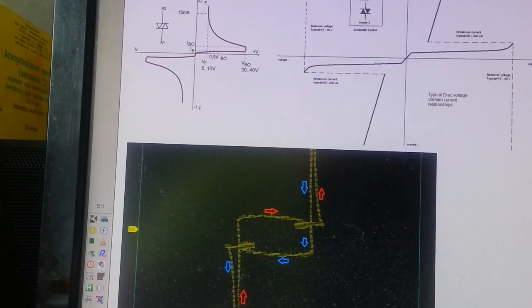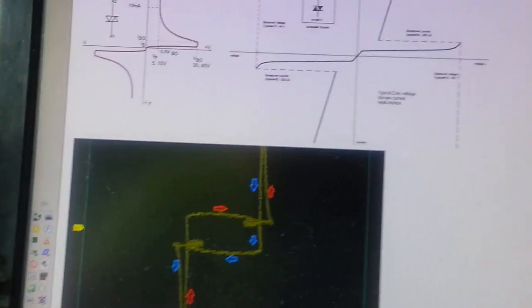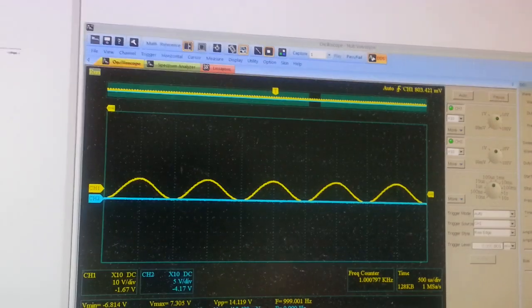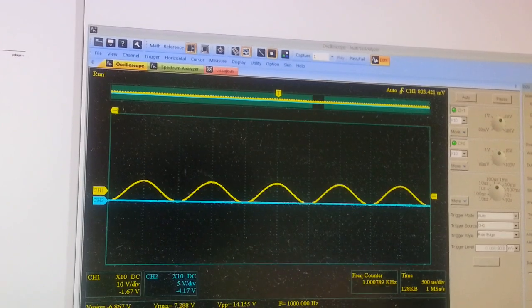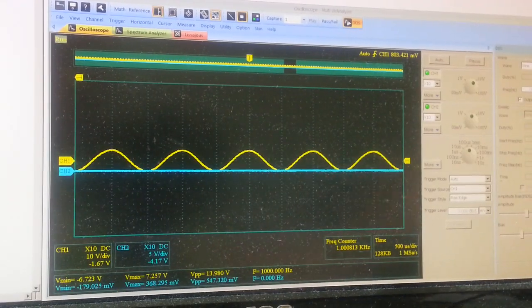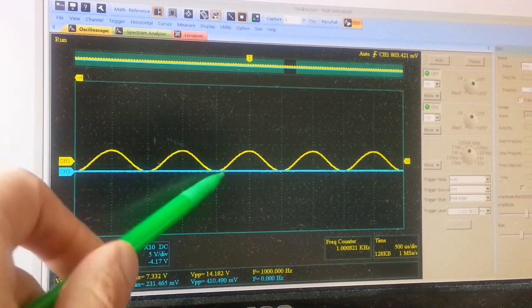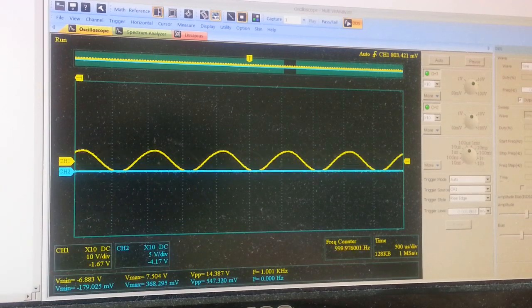Let's look at the oscilloscope. The yellow line is the voltage across this device, and the blue line is the current. At this moment peak to peak is 14 volts. I'm going to increase the voltage.